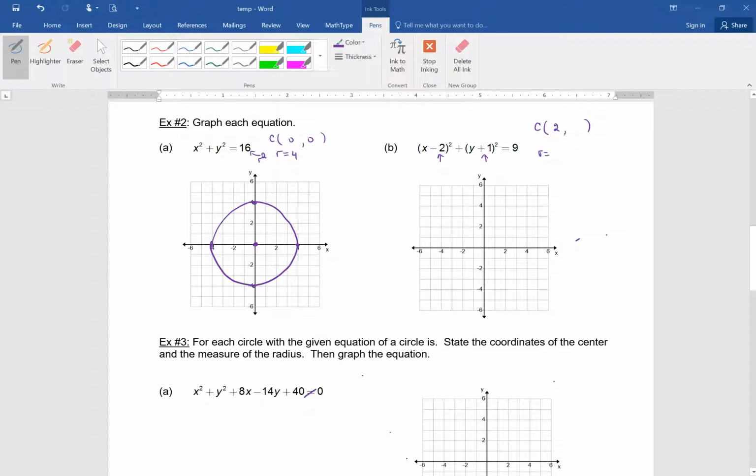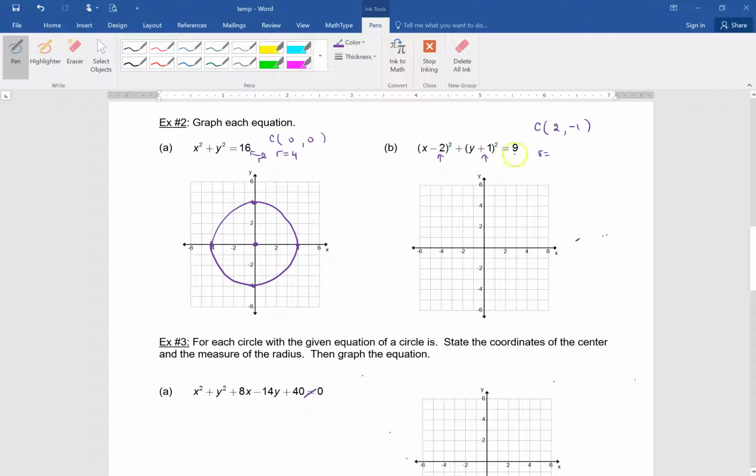And so if you have y plus 1, what would the y coordinate be? Negative 1. All right? You have to take the opposite sign because the formula is y minus k, x minus h. When it goes into the equation, it switches signs. So when you extract it, you have to switch back.